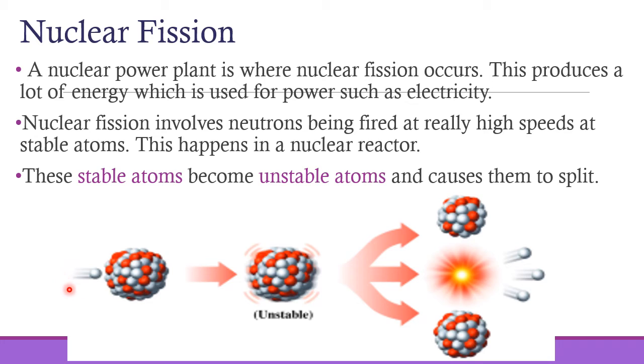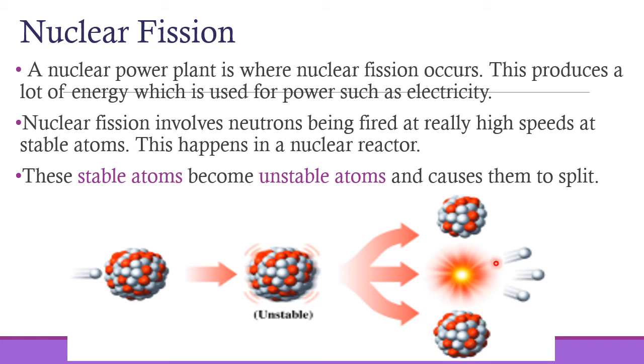So what happens is a neutron is fired at a stable atom. This makes it unstable because it then has an unequal or imbalanced amount of neutrons and protons in the nucleus of the atom. This energy causing it to become unstable causes this unstable atom to then split into 2 different atoms.